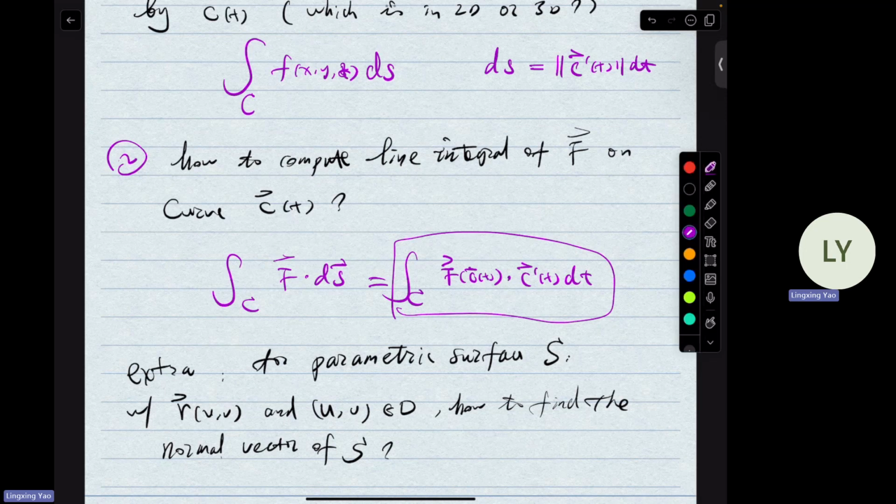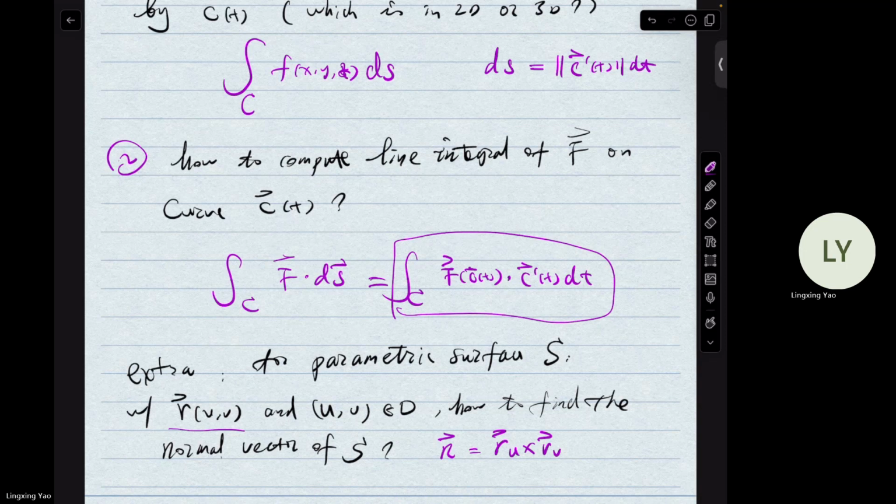The answer is the normal vector is the result of the cross product of the partial derivatives of this parameterization with respect to u and v separately.